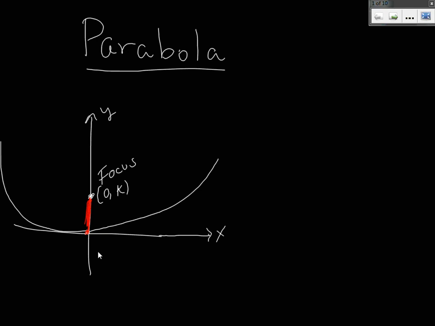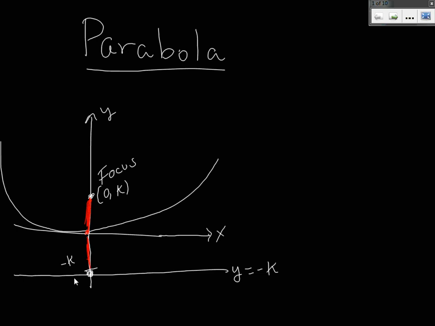If we go k units in the opposite direction, we will arrive at negative k. The directrix is this line. In this case, y equals negative k.